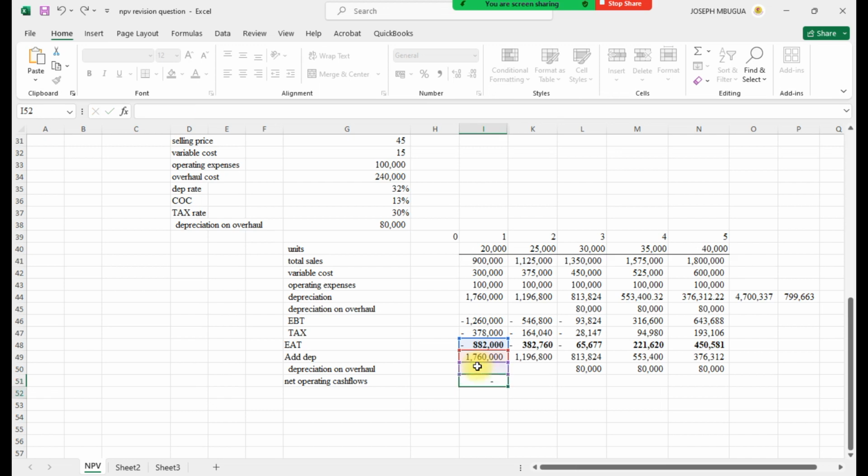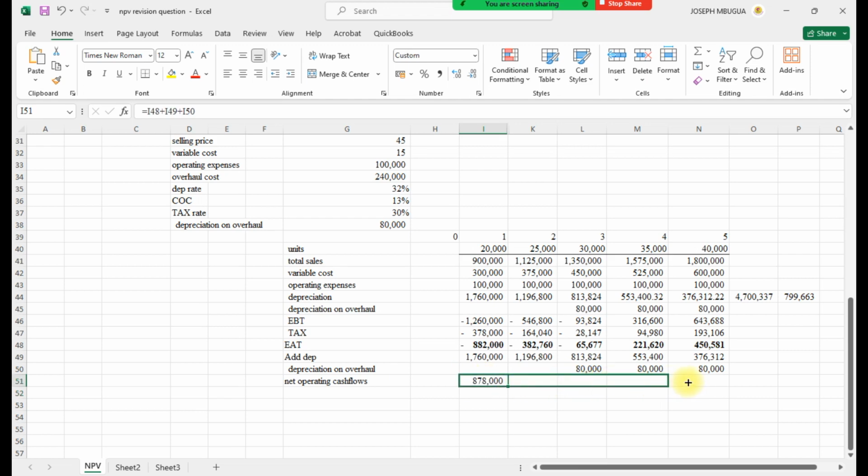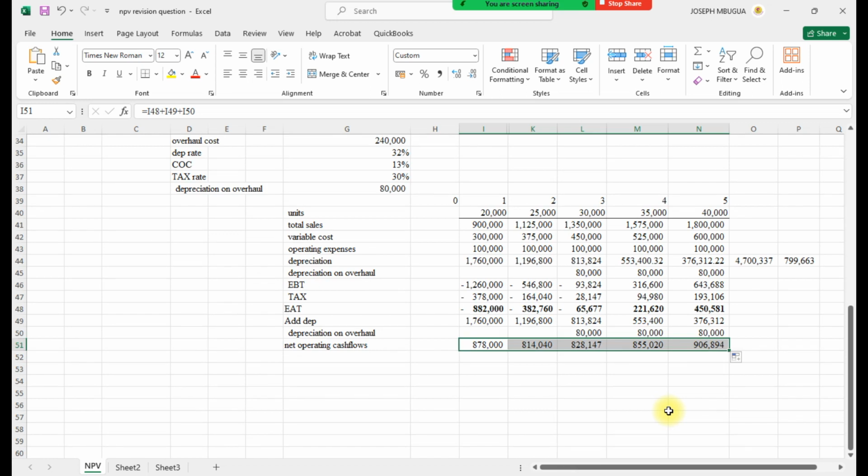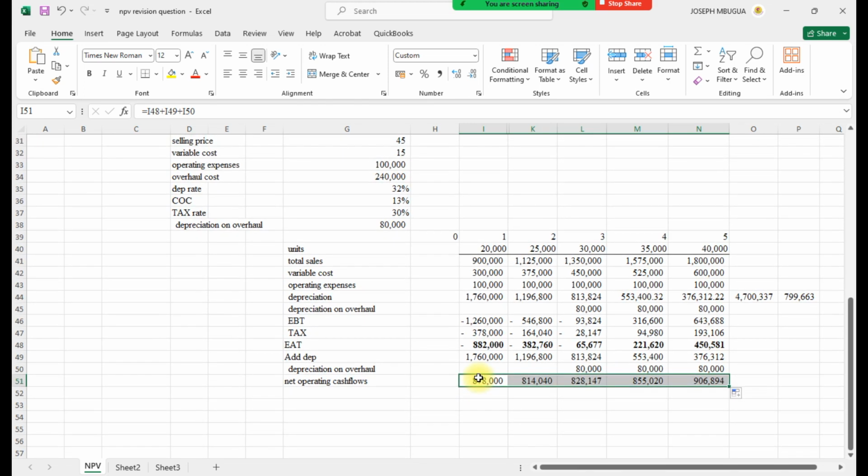So we add both of them to get our net operating cash flow for this particular project. And remember, the negatives that we had already have been taken care of when we added the depreciation.